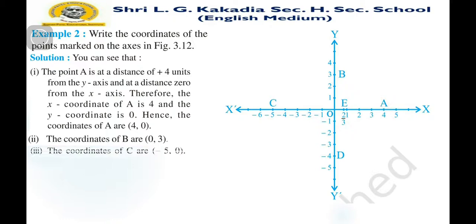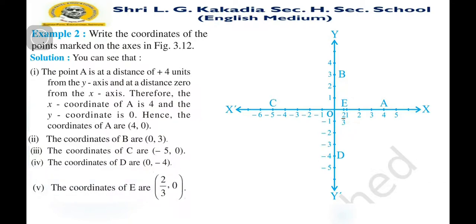As well as about C, minus 5 comma 0, as you know that C lies only on the x-axis, and there is no distance given from the x-axis along the y-axis, so its coordinates are minus 5 comma 0. About D it is 0 comma minus 4 because it lies on the y-axis, so we only denote the coordinate of the y-axis and put the coordinate of the x-axis as 0. And about E, the coordinates of E are 2/3 comma 0.